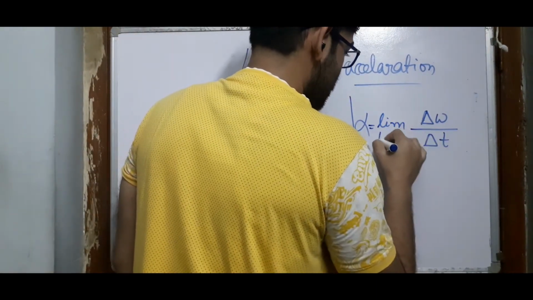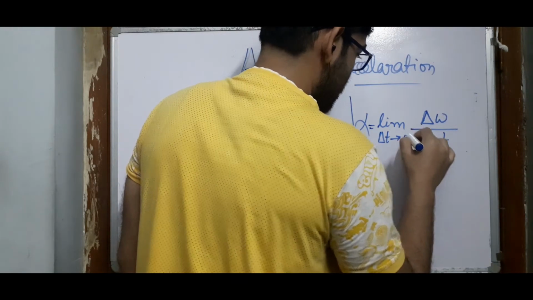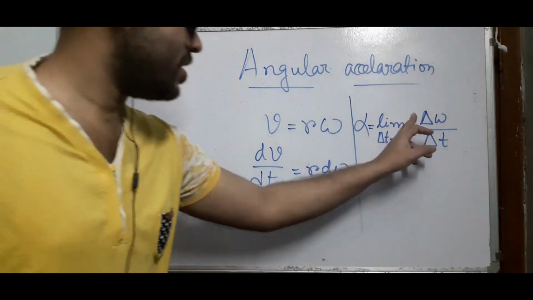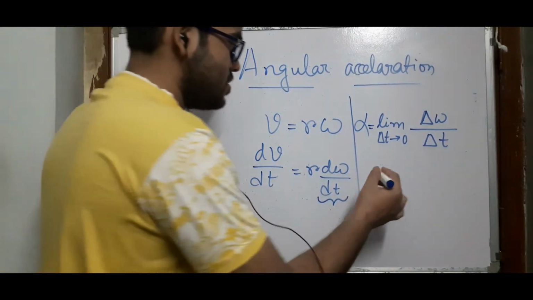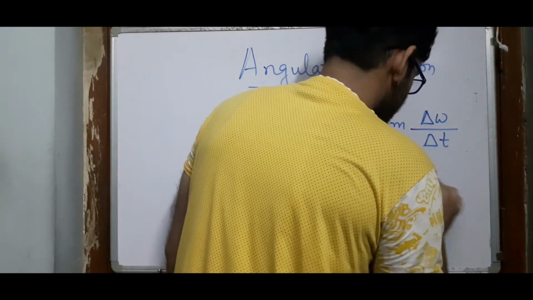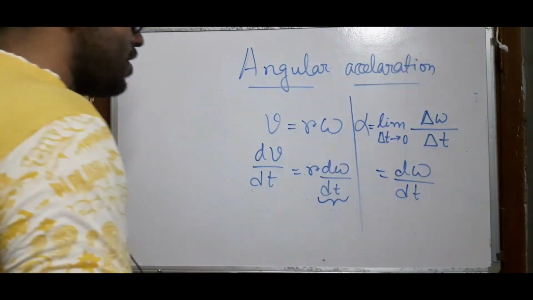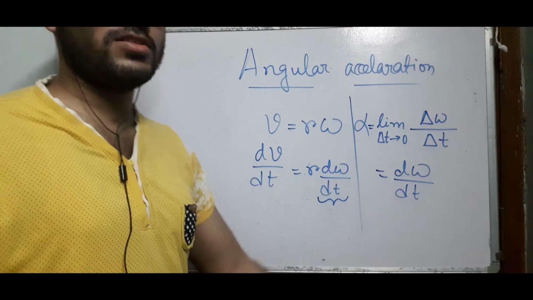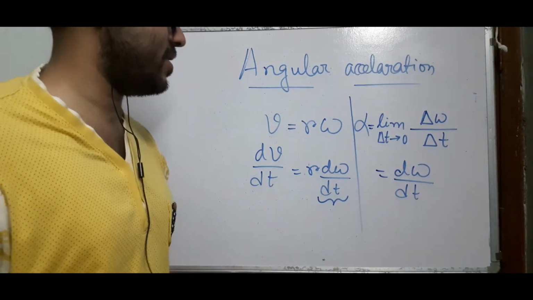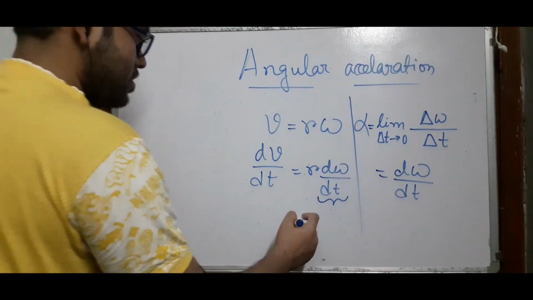So the limit delta t tending to 0, these deltas are replaced by d's or the differentials, so d omega by dt. So alpha is d/dt of omega, and this formula is the instantaneous angular acceleration.